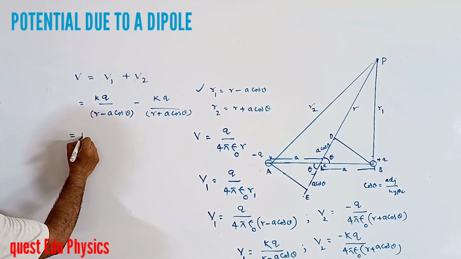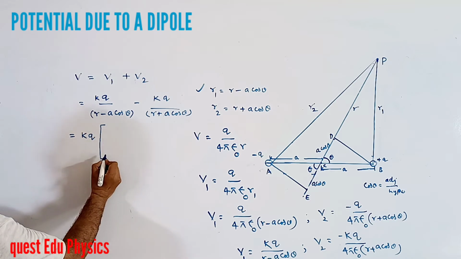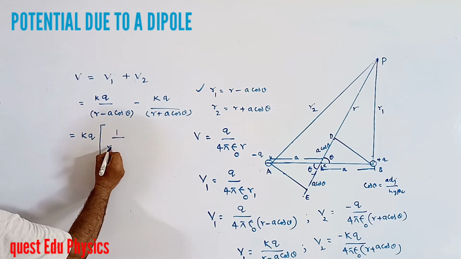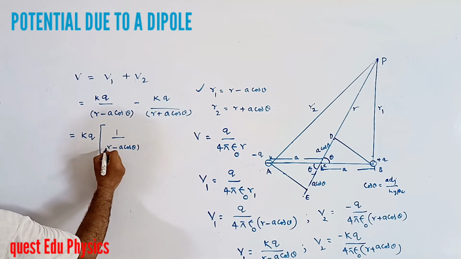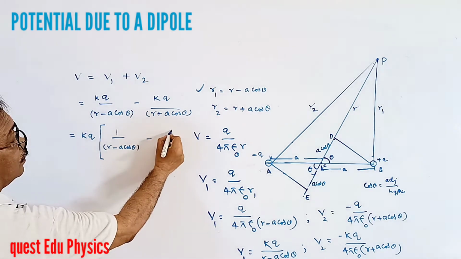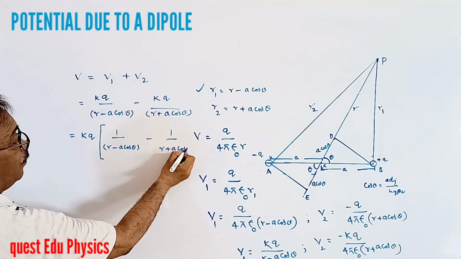Here it can also be written as KQ of 1 by R minus A cos theta minus 1 by R plus A cos theta.